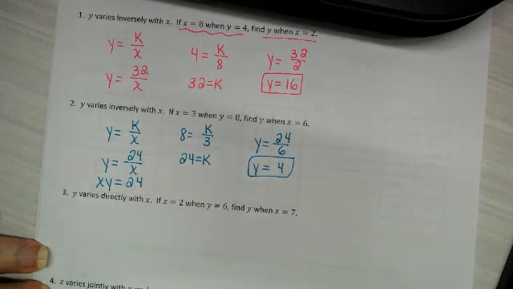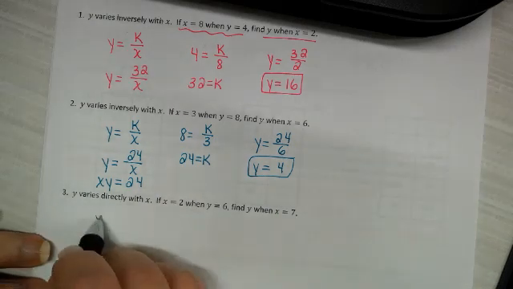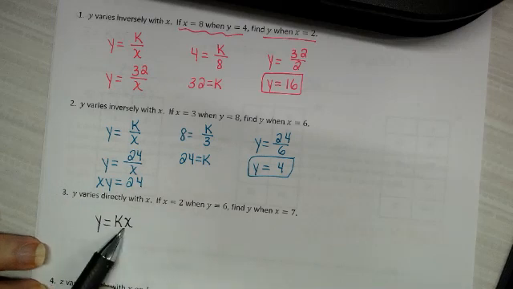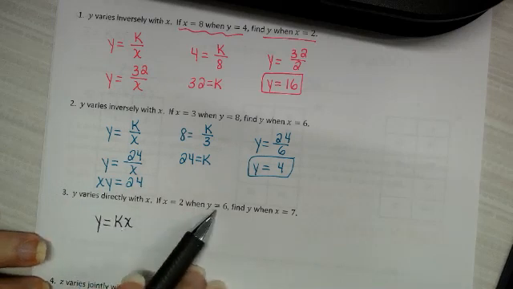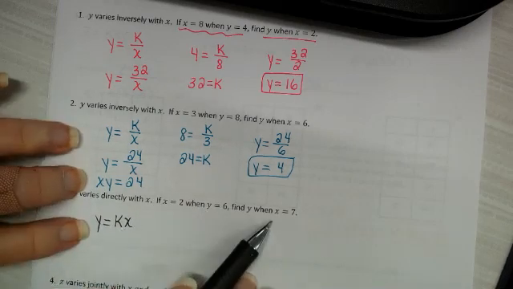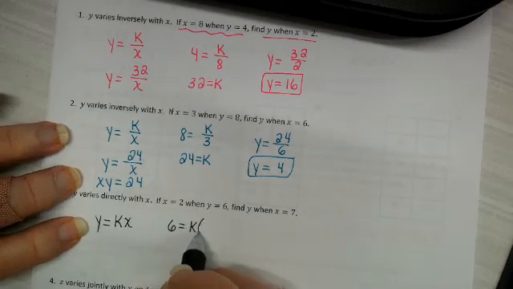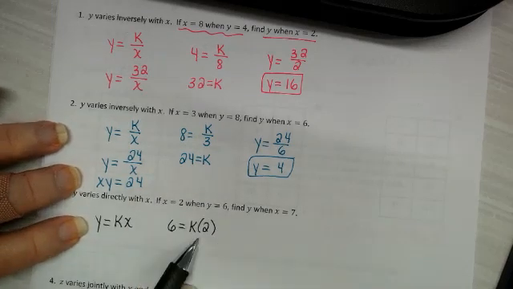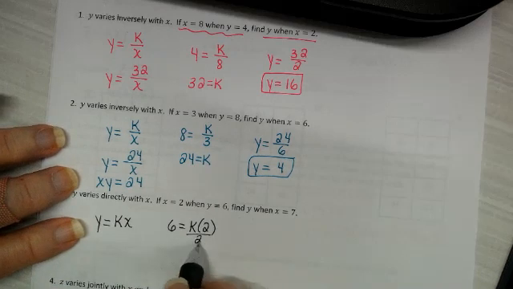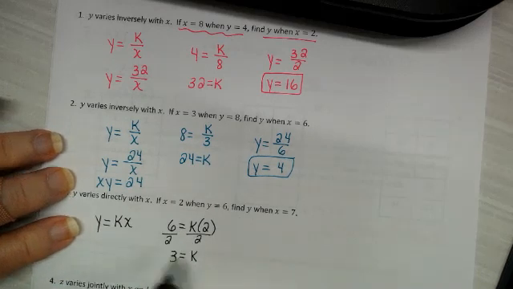For direct variation, where we said y equals k times x, we solve for our k value, and then we'll plug it back in for the second half. So 6 equals k times 2. So to solve for k, we're going to divide both sides by 2, and k equals 3.